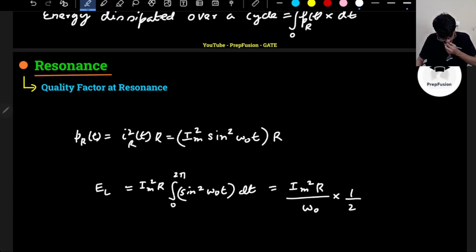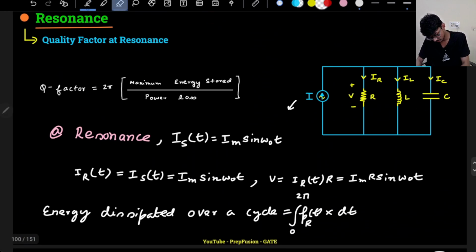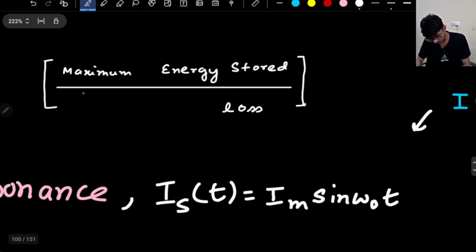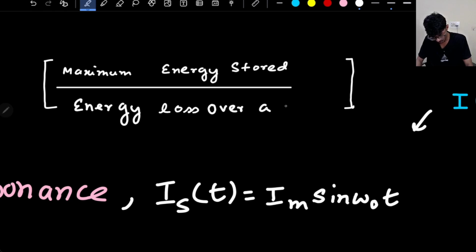I think if it is 0 to 2 pi, this 2 pi will not be there actually. This is the formula for energy loss over a cycle.